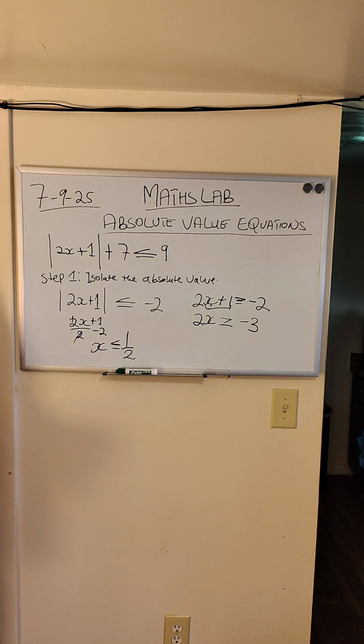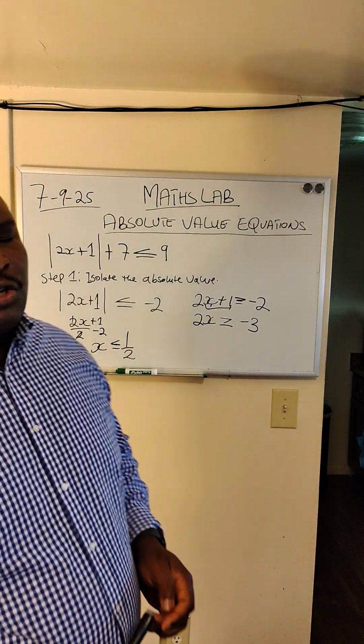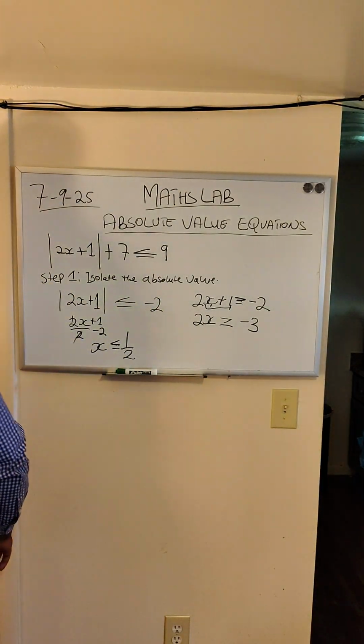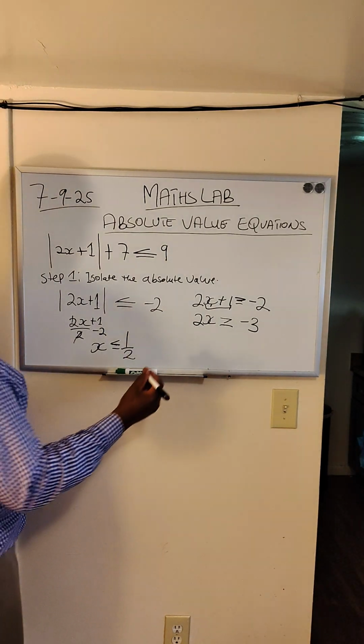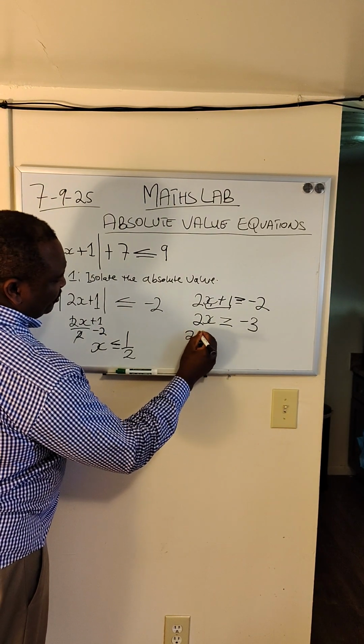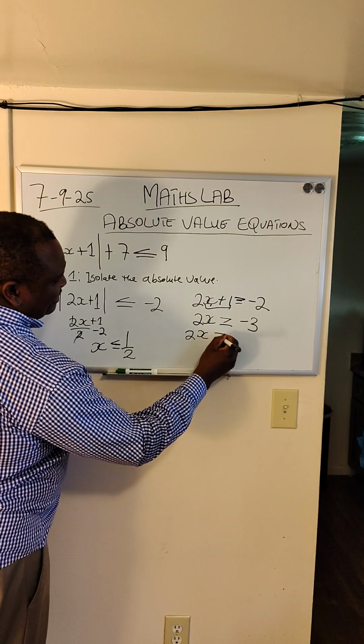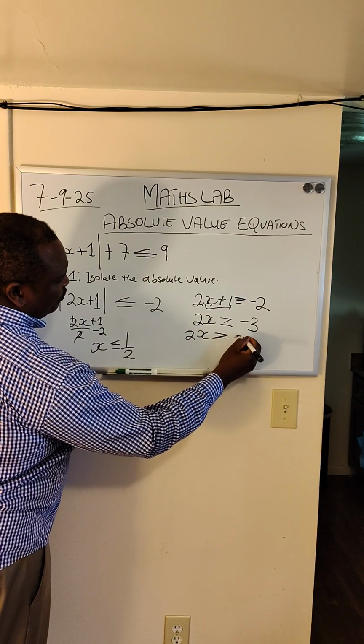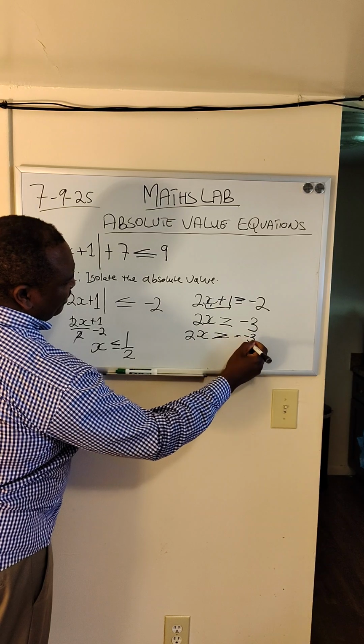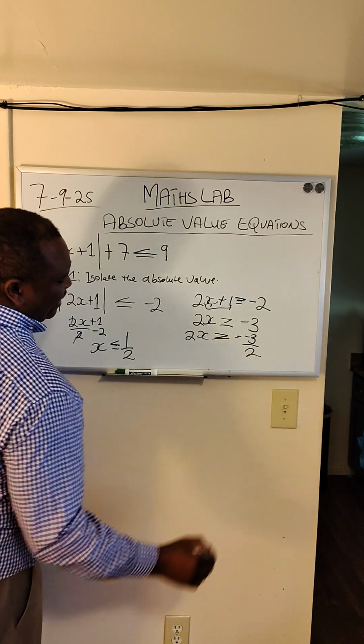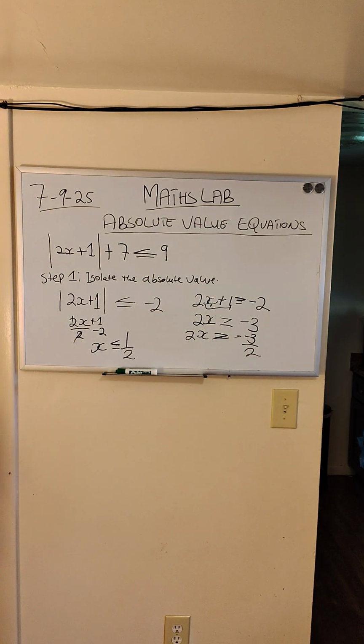So now that also means that 2x is less than or equal to negative 3 over 2.